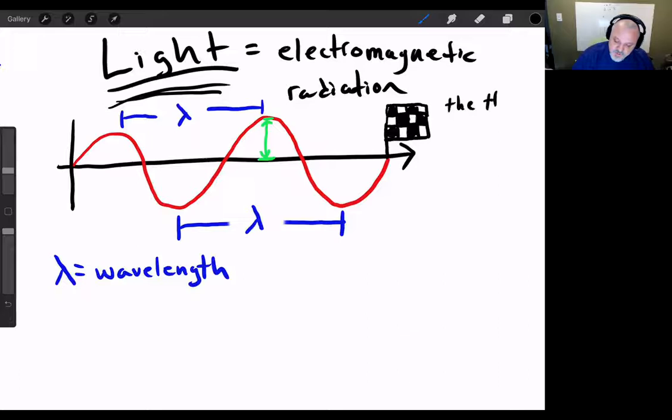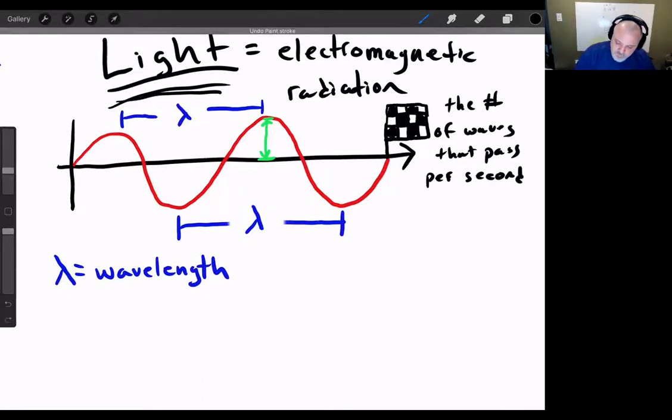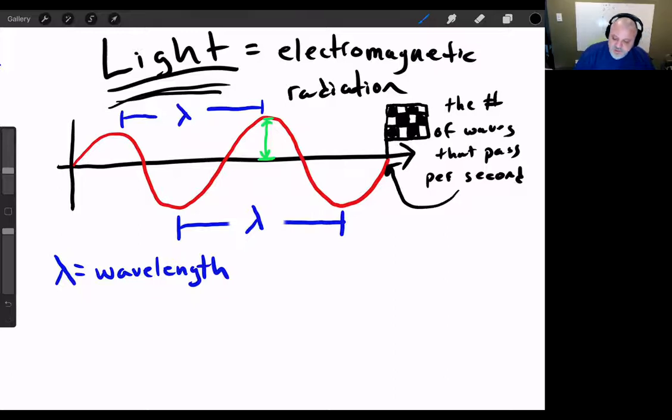If I count the number of waves that pass per second at that point, what is that?